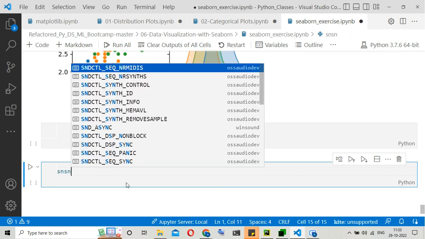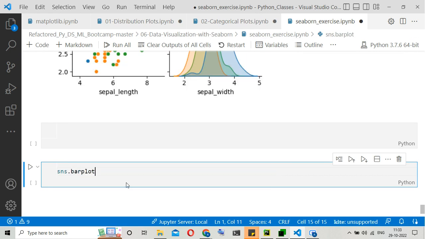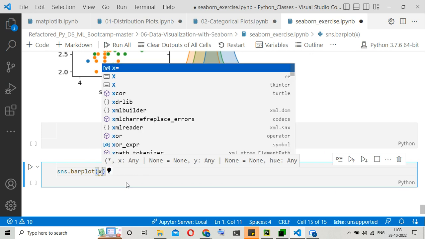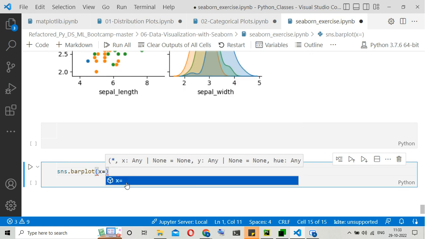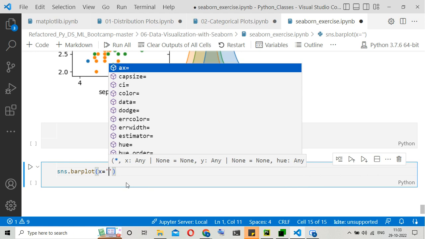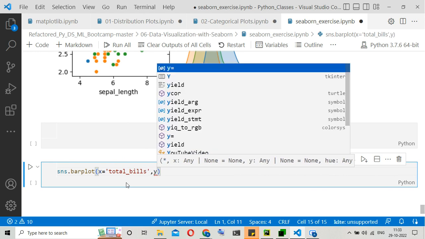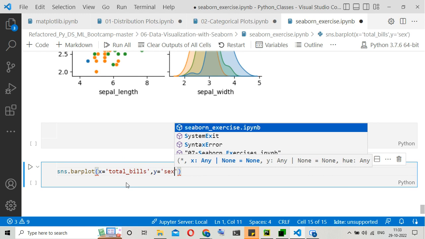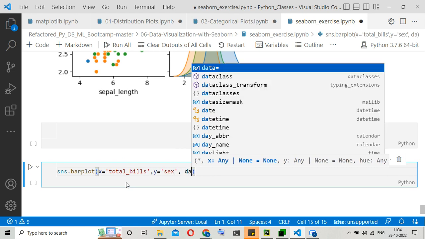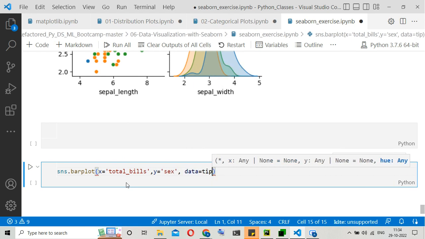sns dot barplot is there, and we are plotting x, in this you have to explicitly mention x is total bill, y is sex, and in data you can mention tips.